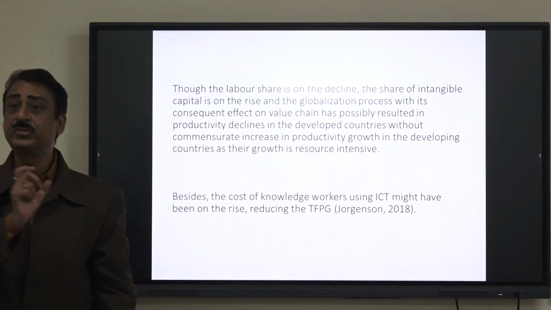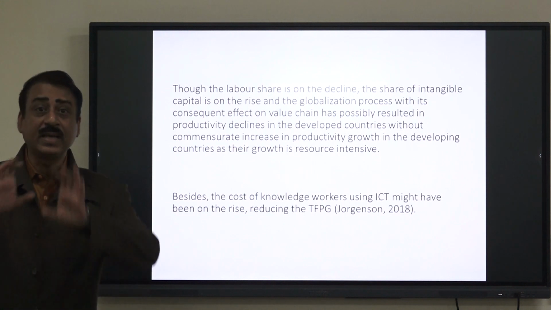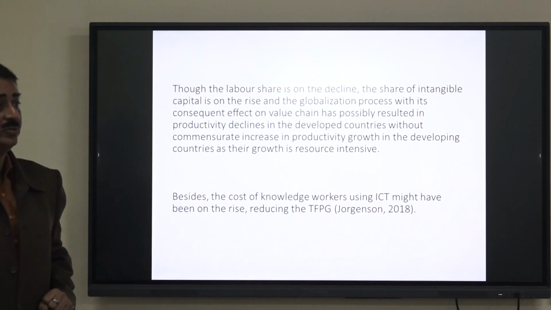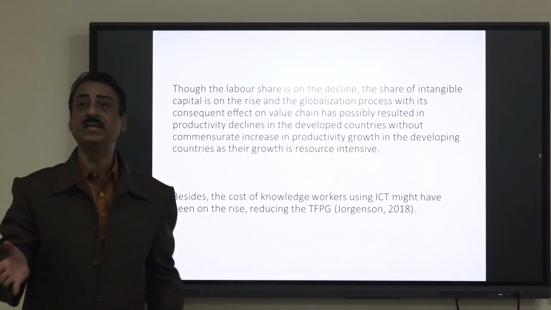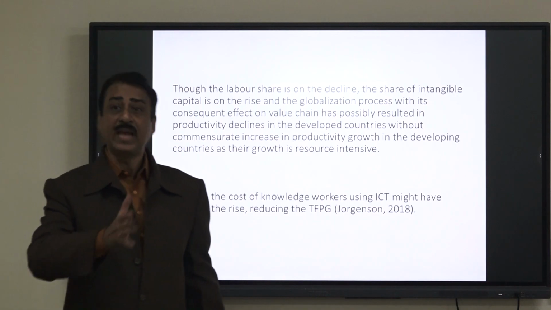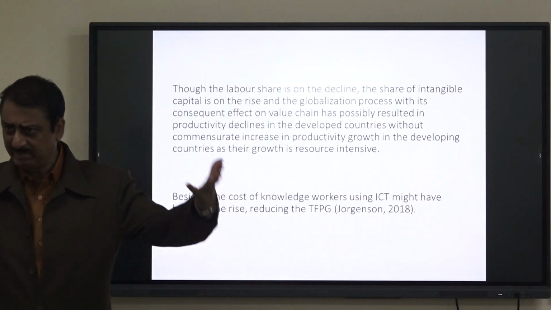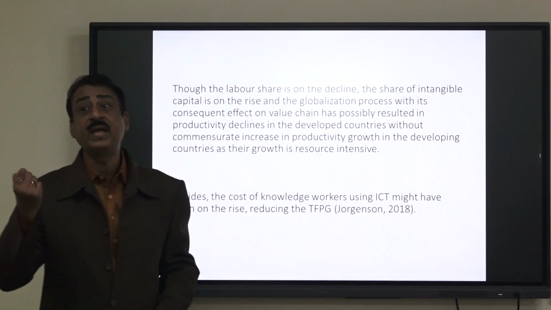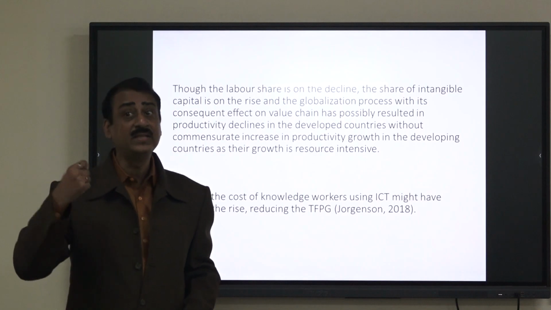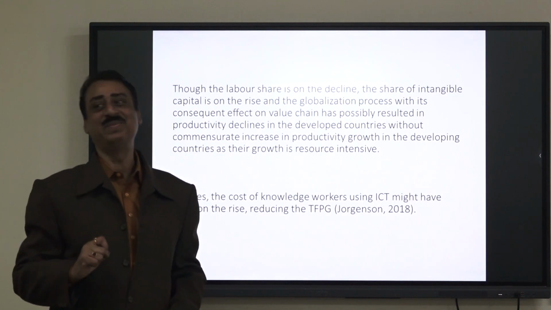Now, capital is not homogeneous. Capital can have many components. So, to simplify it, we can say capital can be tangible capital, the physical capital, which would include your land, machine, everything, and the intangible capital. The intangible capital is the human brain.